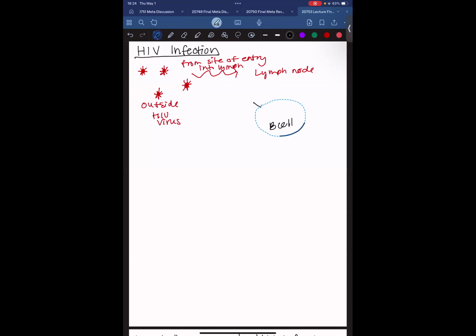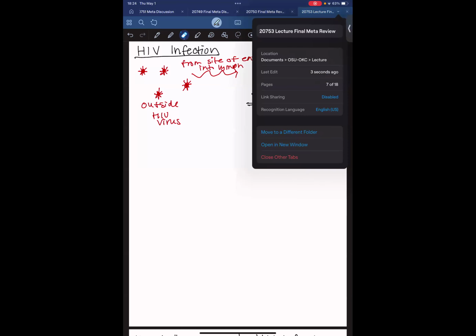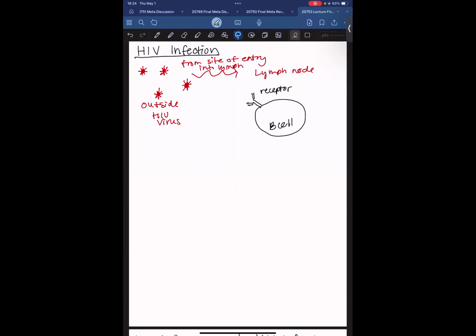On the surface of this B cell, we have a receptor that sees our HIV antigen. So it sees this. And that receptor on the B cell, we've heard about this before, is IgD.